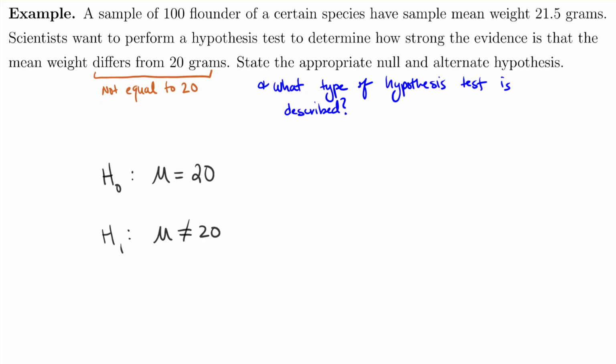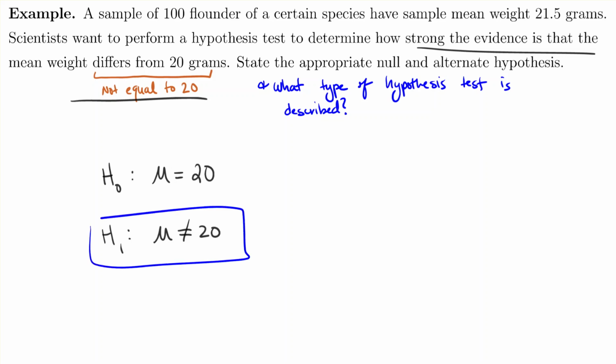Because the scientists want to see if there's enough evidence to show that it was different than 20. And the thing that we want to show if we have enough evidence is our alternate hypothesis. Now we know in terms of identifying what type of test it is, you look at the way H1 is described. Because H1 has our mu not equal to a certain number, this would be a two-tailed test.